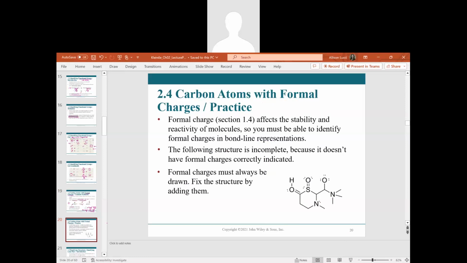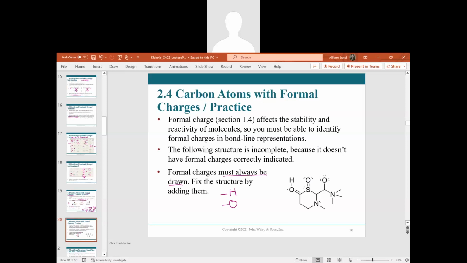So you can do this with any atom. Sometimes they may not be indicated, like on this molecule here, and you're asked to draw them. So they ask us in this specific structure to draw any formal charges. So what we can do is we can use a shortcut. Every hydrogen should have one bond to be neutral.